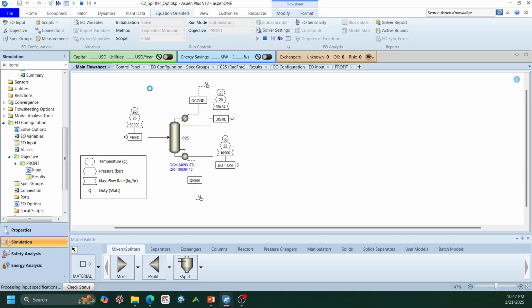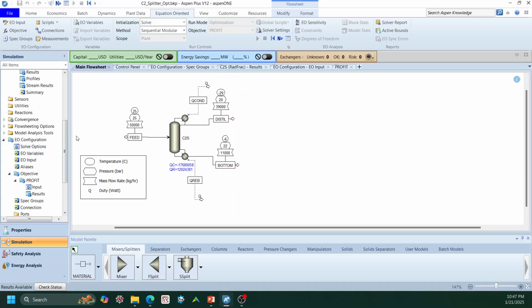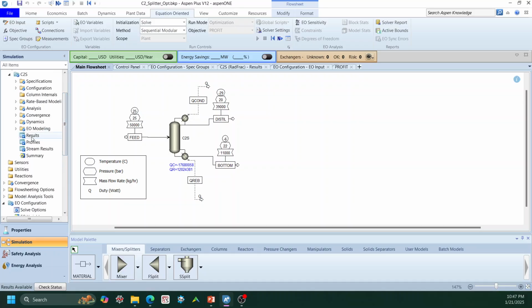It's still the same spec here, by the way. Yeah, the results are there, and then well, let's see what the results are.